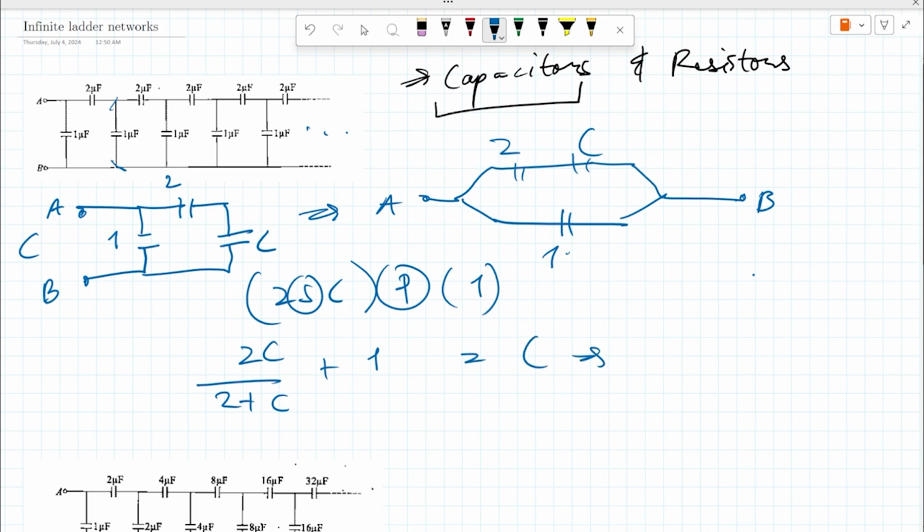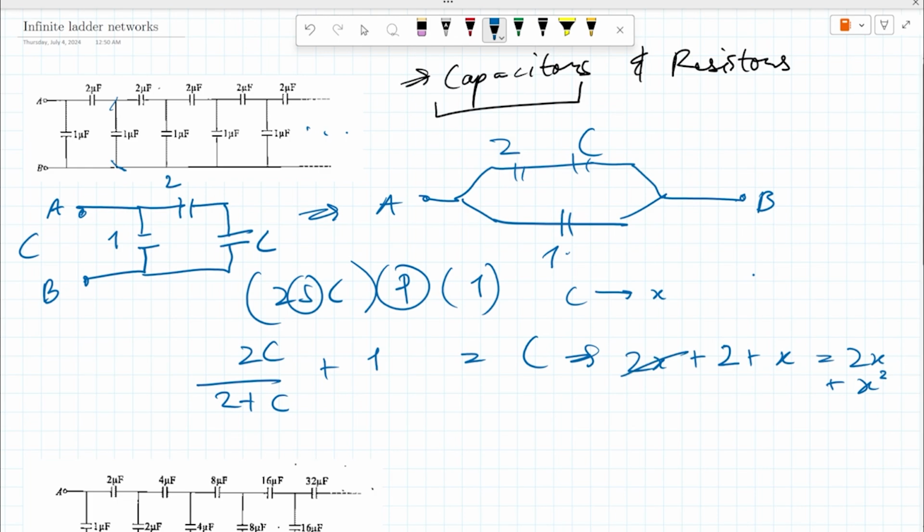When we try to solve the equation, I'll just replace C by x because I'm more comfortable solving that. So what we are left with then is 2x plus 2 plus x equals 2x plus x squared.